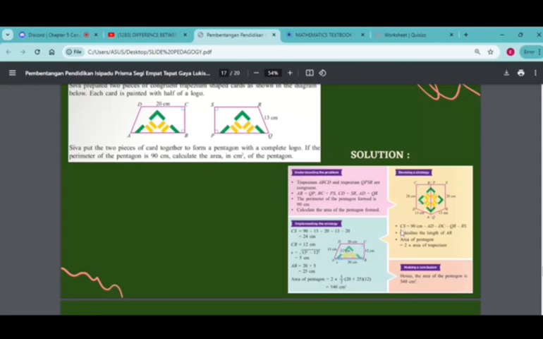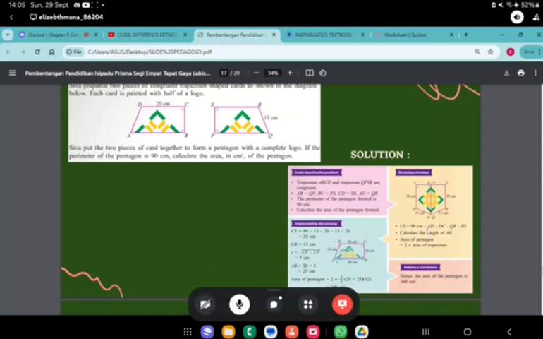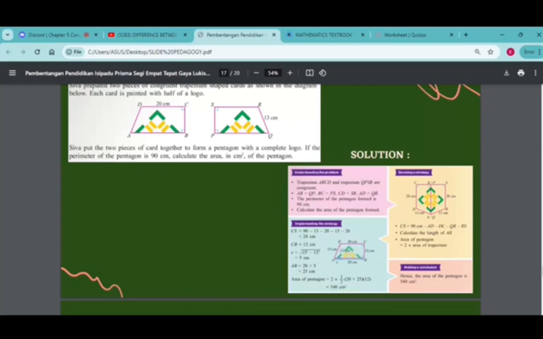Okay, good. CS equals 19 centimeter minus AD minus DC, QR and RS. This means 90 centimeter for all two shapes, trapezium.